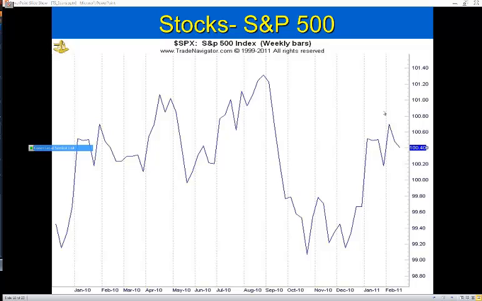So there is some seasonal rhyme and reason for why we see a little bit of a sell-off in December, because they're selling the dogs. And we see this January effect or the Santa Claus rally take off, and you'll see small caps and growth stocks tend to outperform during this time of year.